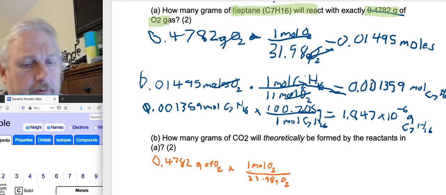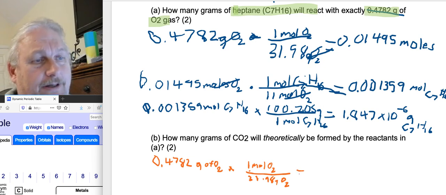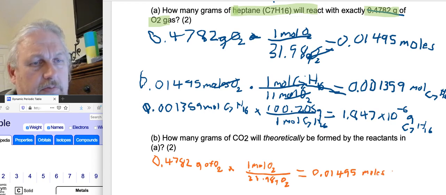I'm not going to hit the calculator again. If I was right the first time, this could be a good check, but in the interest of time, let's not worry about it. Moles O2.